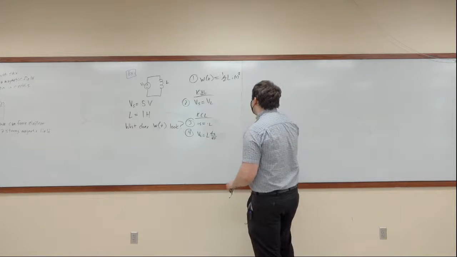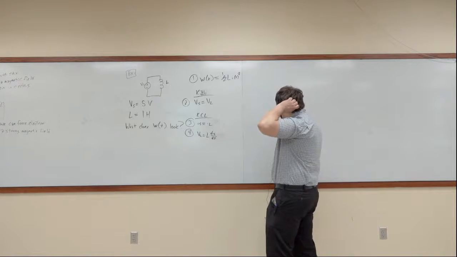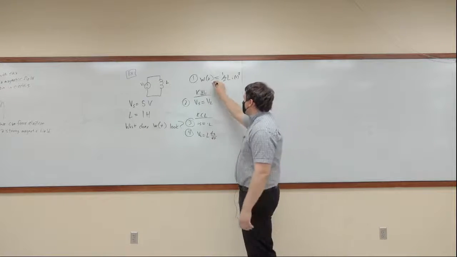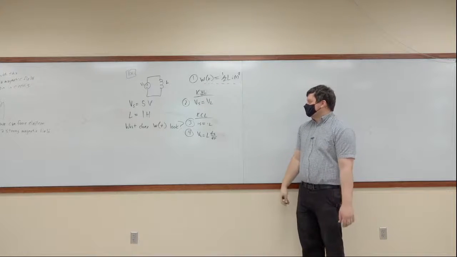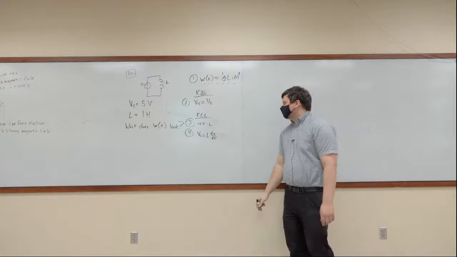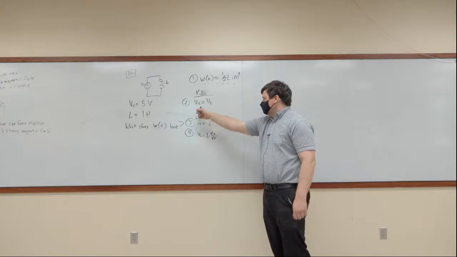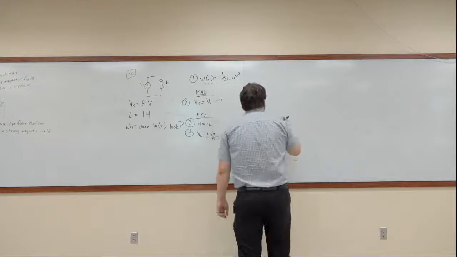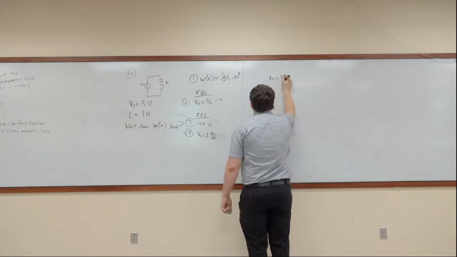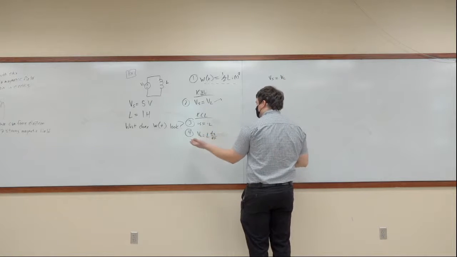Okay, so we have these 4 equations. Now, here's the equation we're aiming for, because that's what's going to give us what we want. So we need to solve this in terms of I. We don't know IS. We do know VS. So I'm going to take this one: VS is equal to VL. I'm not going to use this equation because it doesn't help us.